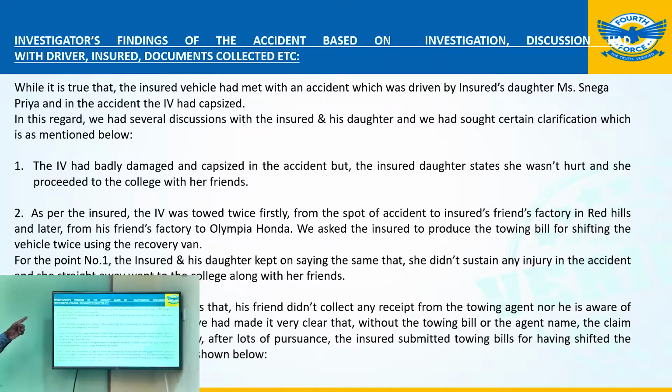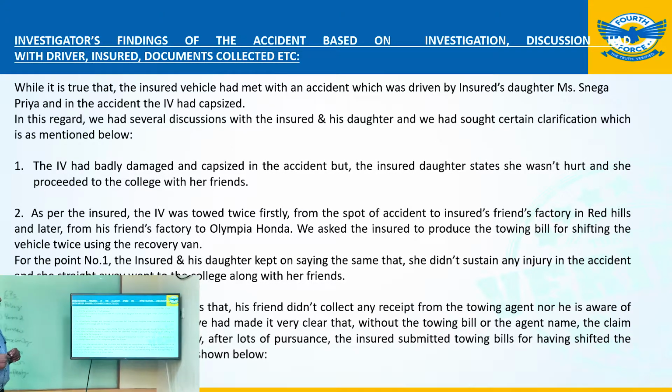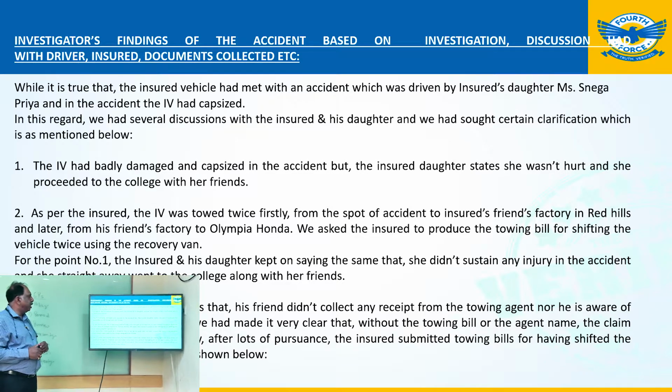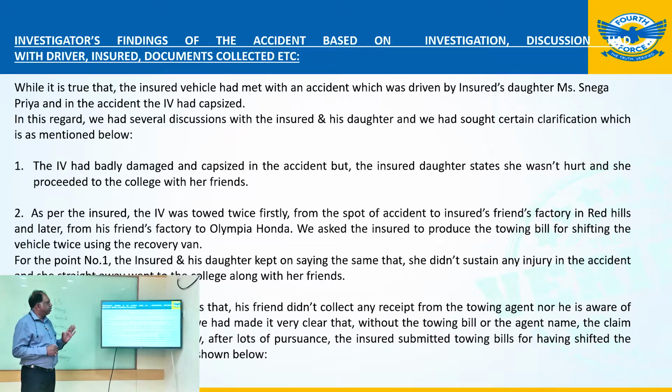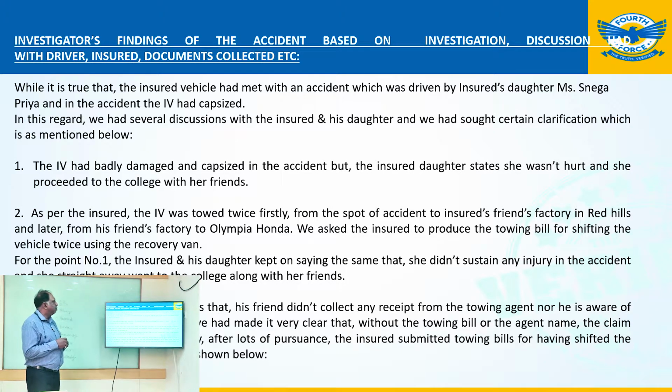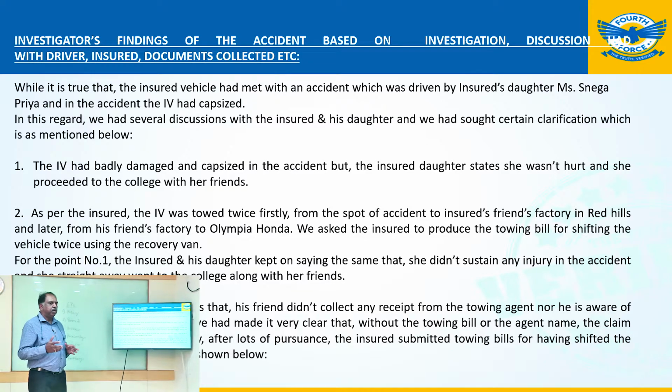The IV was badly damaged, and you have seen the photos. But the insured's daughter states that she didn't even have a small scratch on her body, and she just proceeded to the college. That itself was not true, because she was not wearing the seat belt.